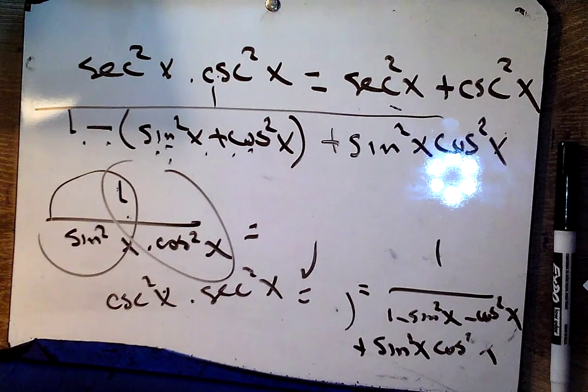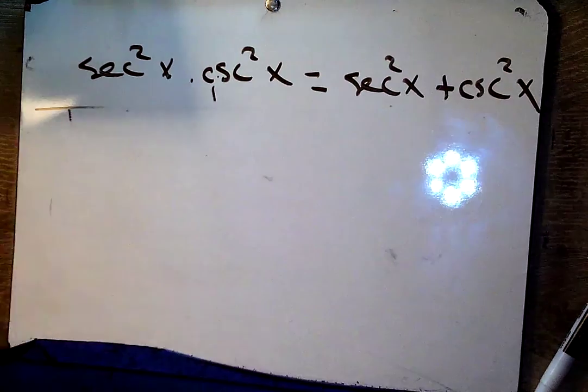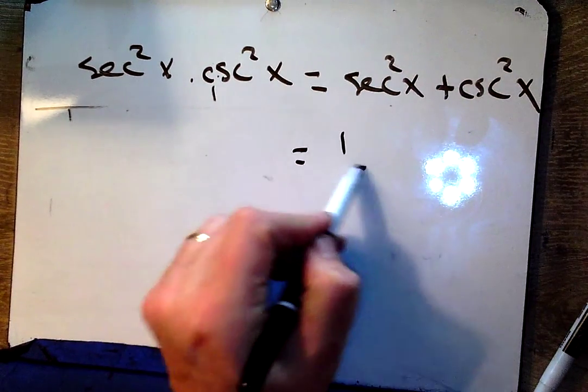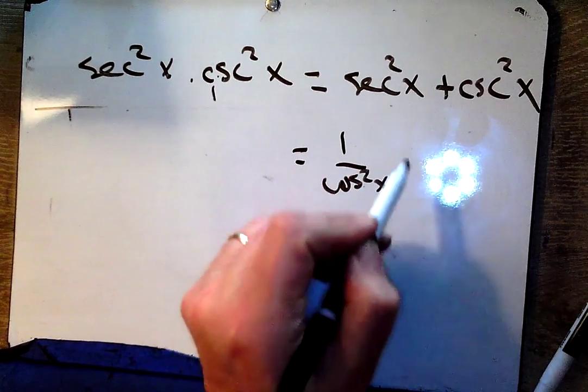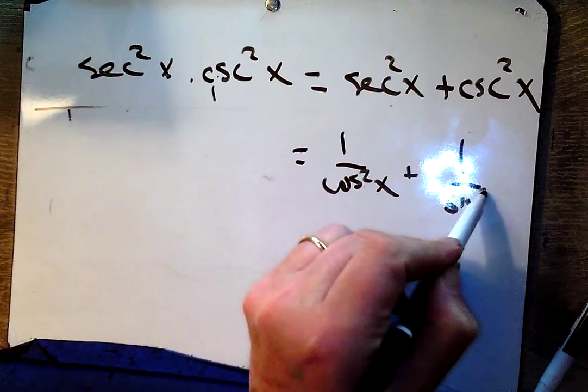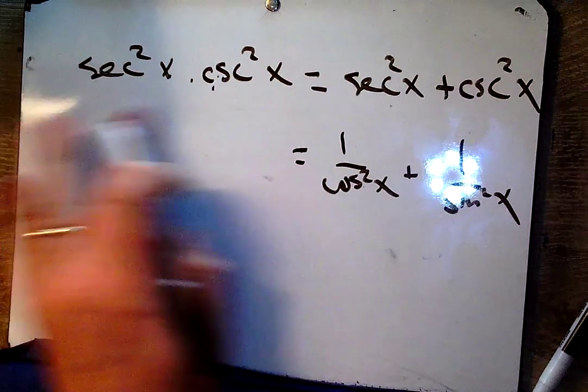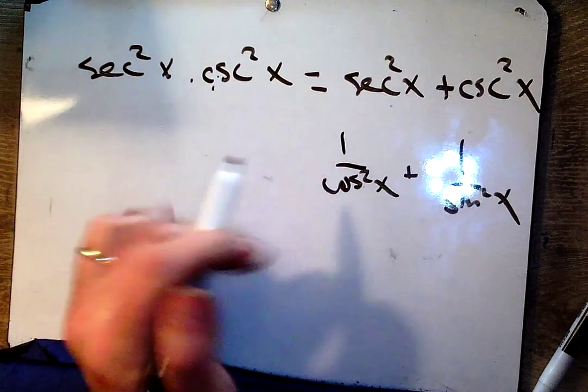Wow, okay, that was very labor intensive. I wonder if there's something I could do on this side. It's going to be 1 over cosine squared plus 1 over sine squared. And when I have 2 things and I want to turn it into 1 thing, I make a common denominator.